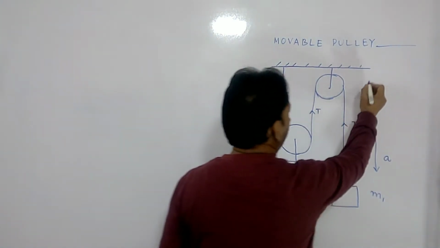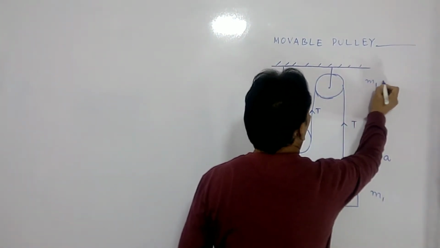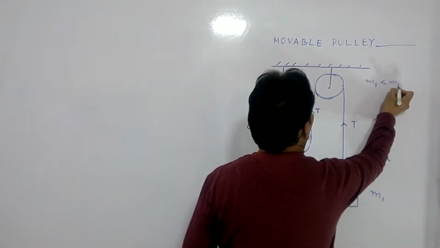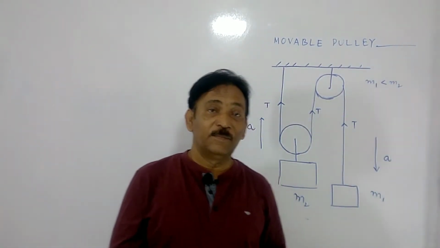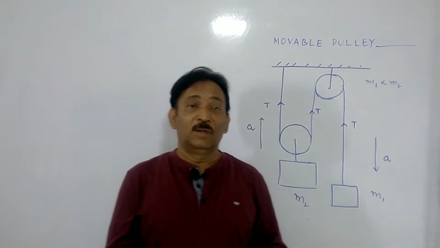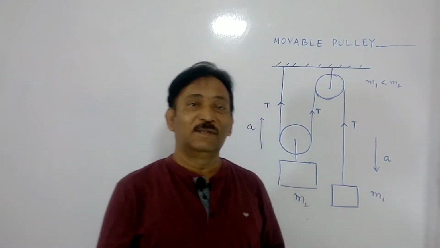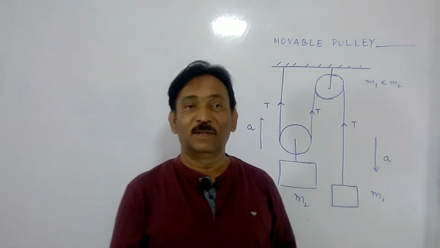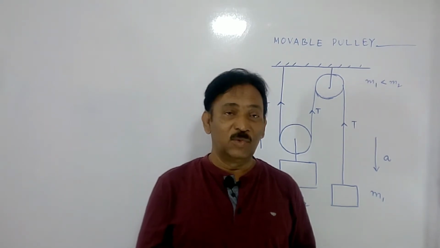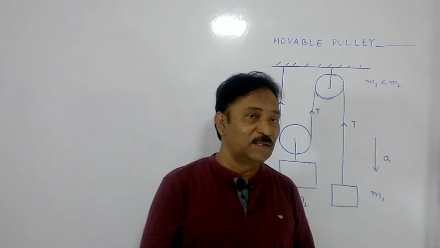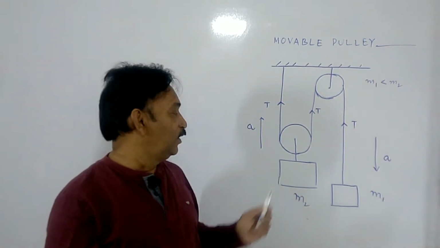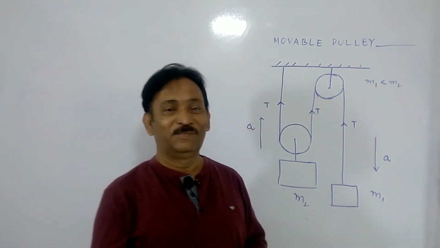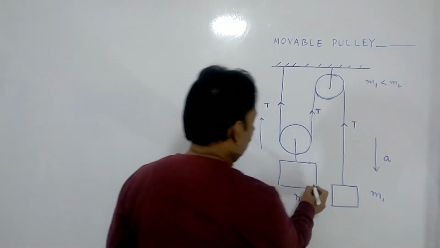In this case, if you watch carefully, m1 is less than m2. The main purpose of a pulley is that by doing less work, we can lift more weight. Doing less work, but lifting more mass. That's why it is intentionally shown in this way.